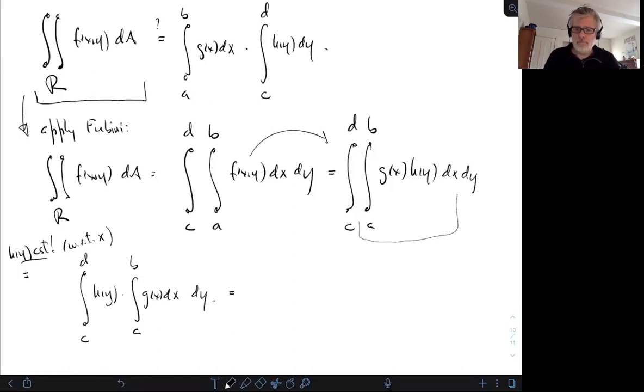So look at the inside integral there. That's just an integral, right? From a to b of a function g of x. So what is that? That's a number, right? That's a constant. What can you do with a constant inside an integral? You can factor it out.